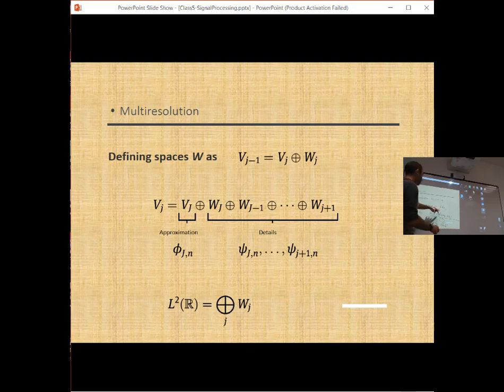That's what I'm just saying here. It's the mathematical definition: you have all the details, you sum all the spaces that you're interested in, and the rest is your approximation. And in the end, if you do that to infinity, this means that your function f should be the sum of all the projections in all of these spaces.